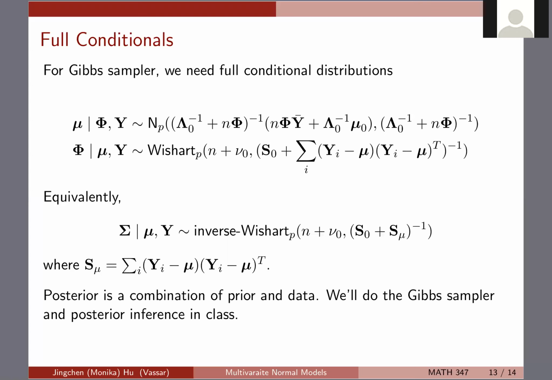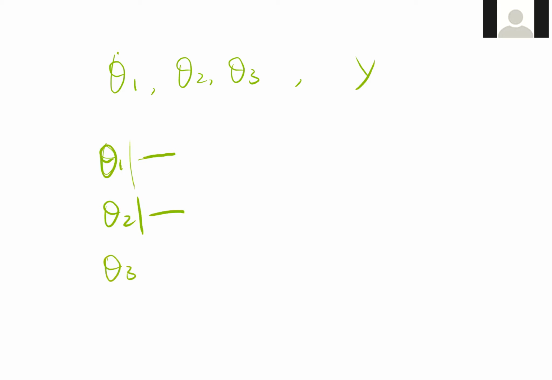But the full conditional itself, it depends on what kind of model you're doing. At the beginning, I wrote it down pretty generically: if you have a model with 3 parameters, and of course the data model itself, then the full conditional for theta 1 is theta 1 given everything else, theta 2 given everything else, and theta 3 given everything else.